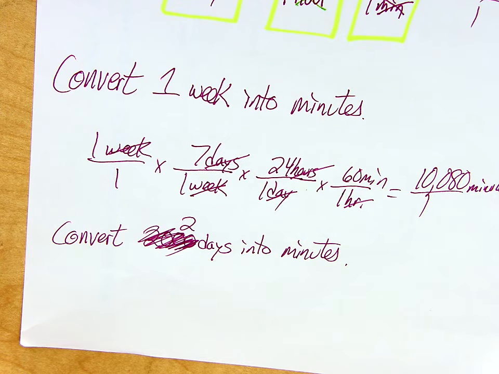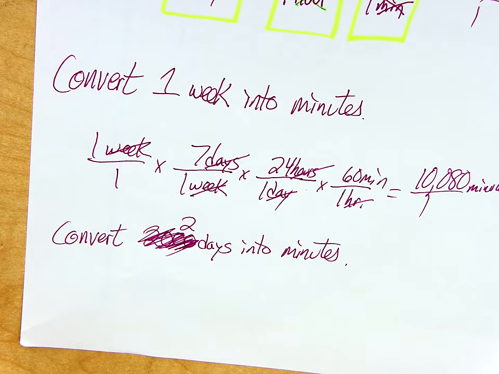And then work your way down. You're trying to go from days all the way down to minutes. You have an answer? Oh, don't say it. Hold on to it. Let everybody get their own answer.